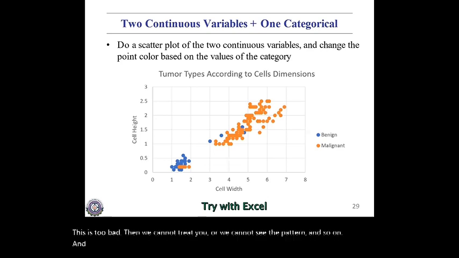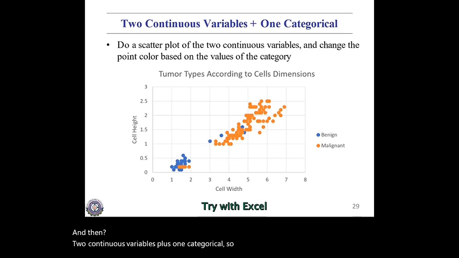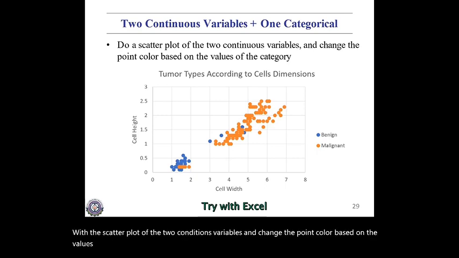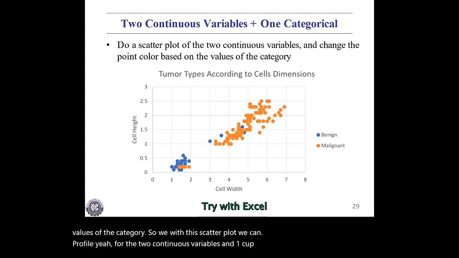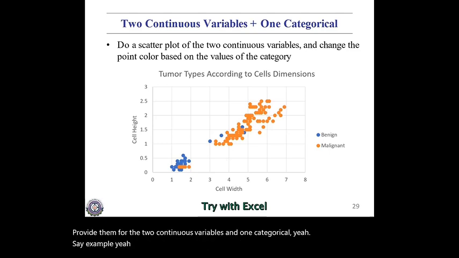And then two continuous variables plus one categorical. With the scatter plot of the two continuous variables, we change the point color based on the values of the category. So we can provide for two continuous variables and one categorical. For example, tumor types according to cell dimensions, benign or malignant.